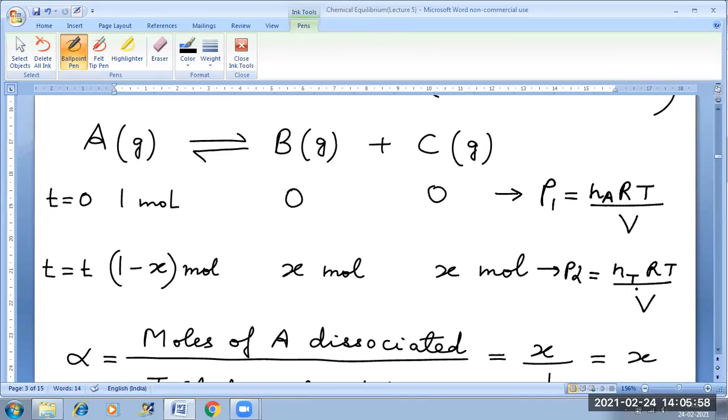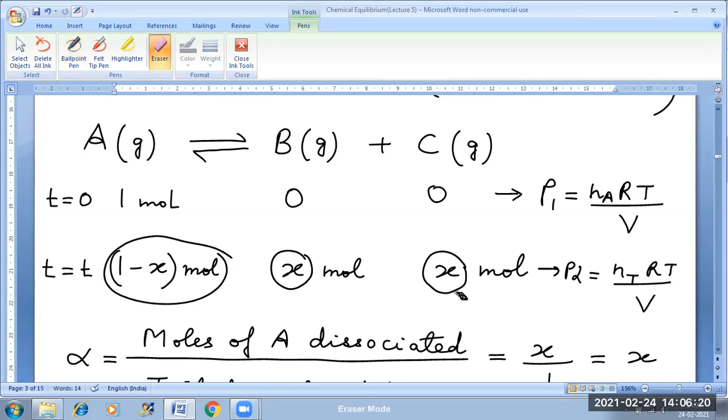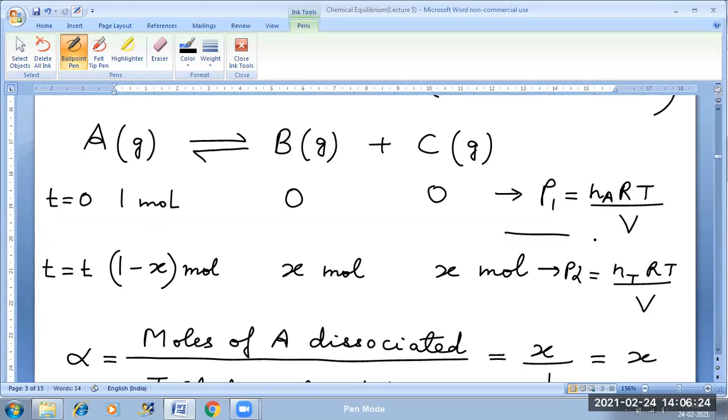And what is total moles? NT. Total moles is the sum of moles of all species. So sum of moles means what? Moles of C plus moles of B plus moles of A. If I add up 1 minus X plus X plus X, I'll get 1 plus X. So total number of moles is 1 plus X at equilibrium. Now divide P1 and P2.